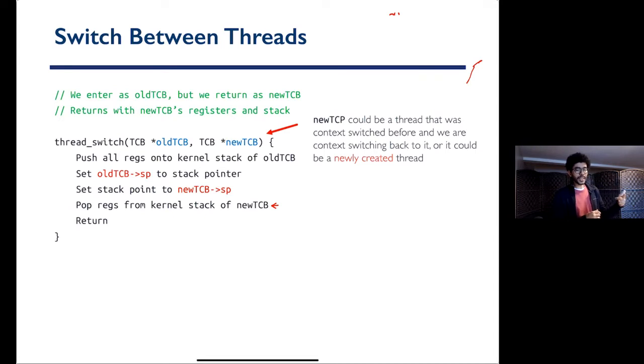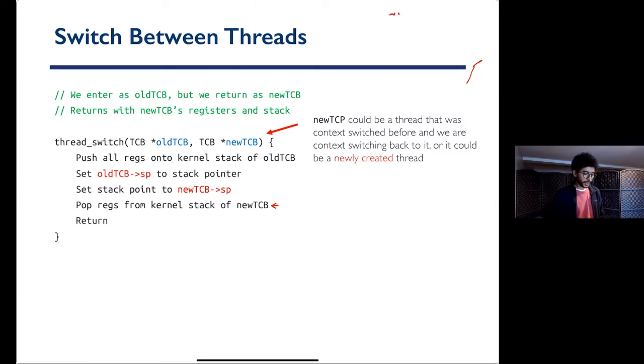Type 2 is a thread that we have never ever run before. This is a newly created thread that we just want to start running. So that's type 2. Keep that in mind. We can have these 2 types of threads: fresh ones we never ran before, and threads that we previously ran and context switched from, and now we want to context switch back to.